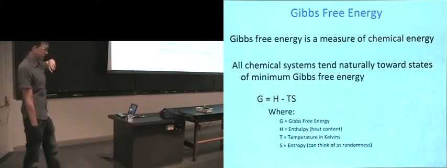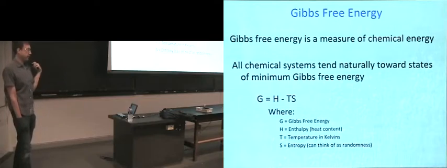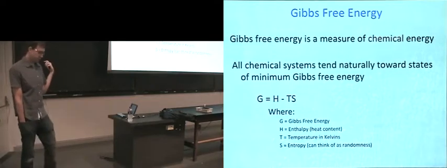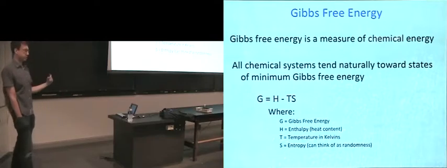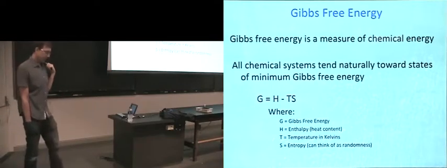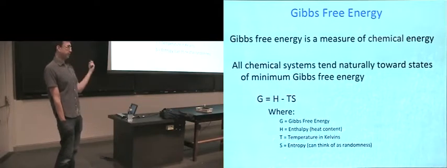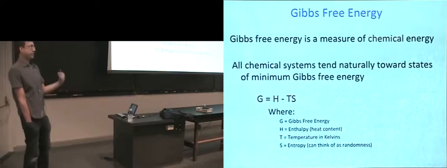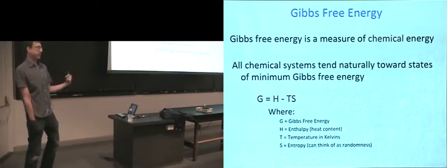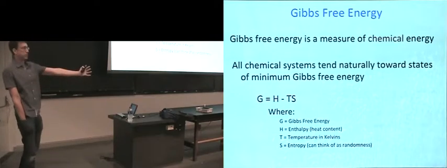Entropy you can think of in terms of randomness, but you can also think of it in terms of how many configurations there are for a system. How many different ways are there to arrange a system? So for example, if I have a quarter, and that quarter can be heads or tails, that would be an entropy of 2. As I start to add more and more quarters, each one can be heads or tails, and that has a lot more possible configurations.